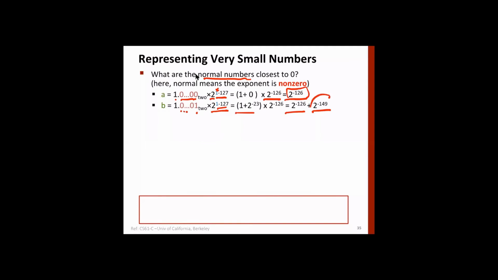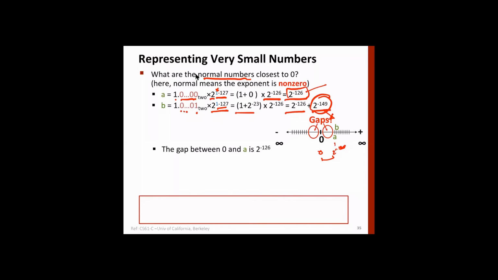The difference is 2 raised to the power minus 149, and subsequent numbers will also have this difference. So these are the gaps. Now what do you want to do if you want to represent a number smaller than 2 raised to the power minus 126? This is 2 raised to the power minus 126, and this is 0, and there is a gap here.